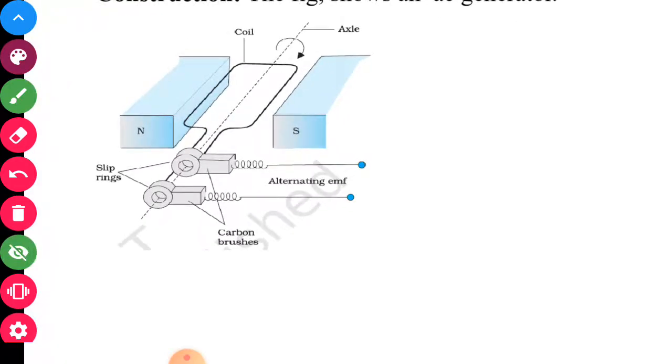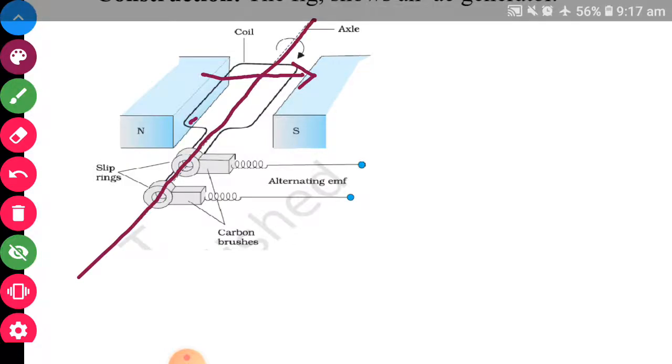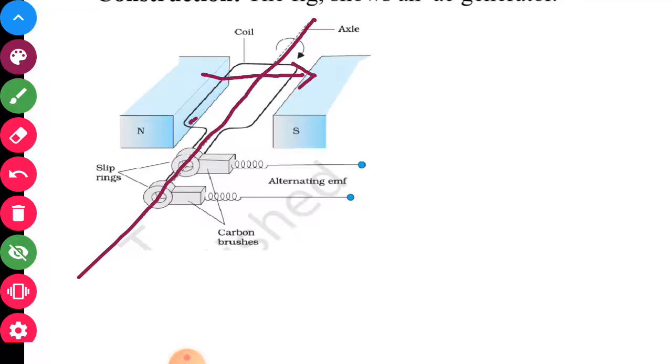North pole and south pole are there, and they are producing the magnetic field from left to right, and this coil is rotated around this axis of rotation, which is also called axial, and it can be rotated in the clockwise direction.